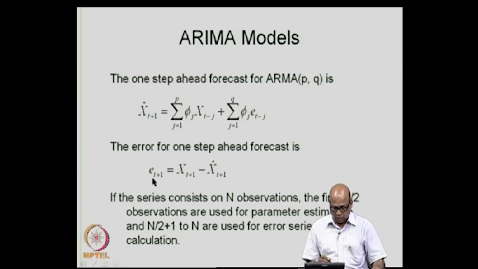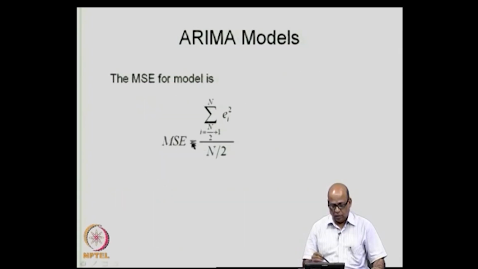And then the error for one time step ahead forecast is E t plus 1 is equal to x t plus 1, which is the known value, minus the forecasted value. Once you know E t plus 1, then you get the mean square error. Because you have used n by 2 number of values, you sum the squares of all these errors and then divide by n by 2, you get the mean square error, and choose that particular model among the candidate models which results in the minimum mean square error.